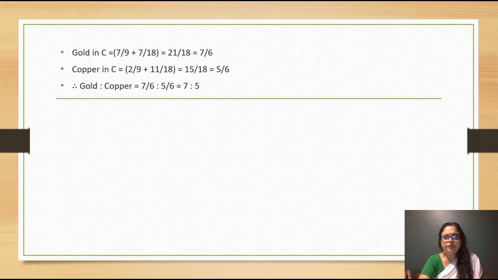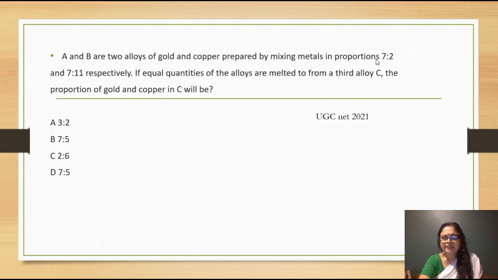So how to do this? Gold in C will be 7 by 9 plus 7 by 18, is it not? That is, 7 by 9 comes from the total of 7 and 2, and 7 by 18 comes from the total of the 7 and 11 ratios.